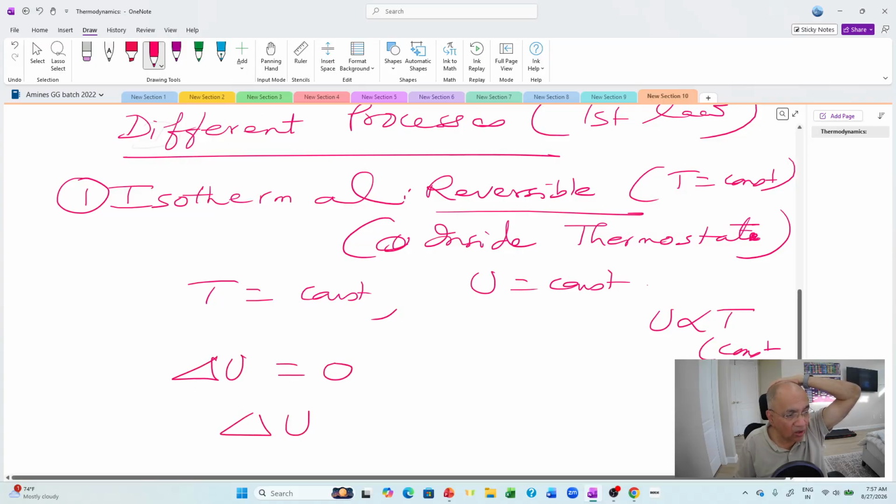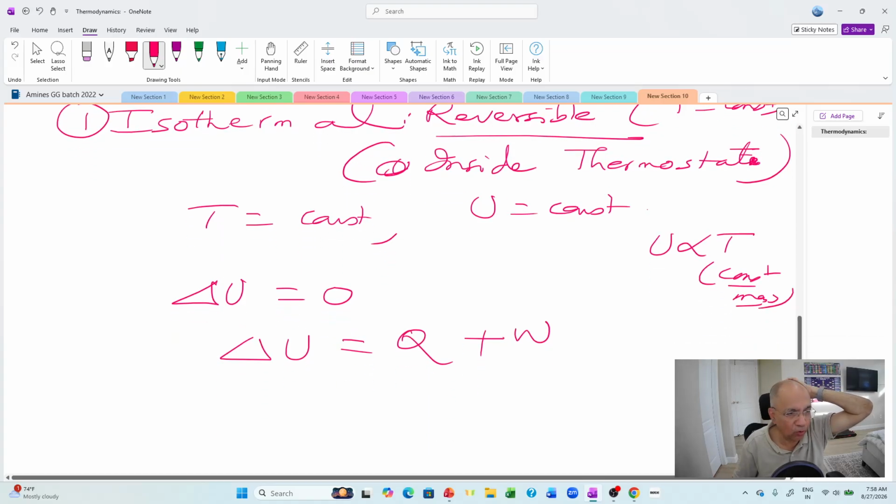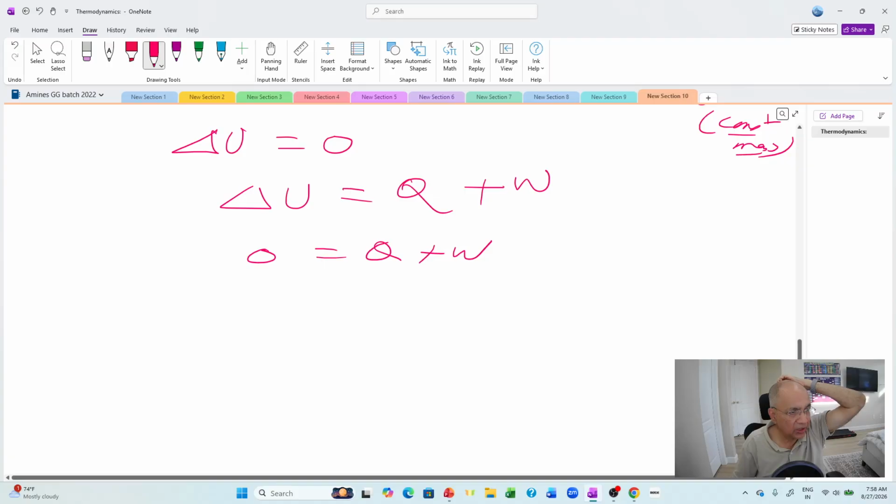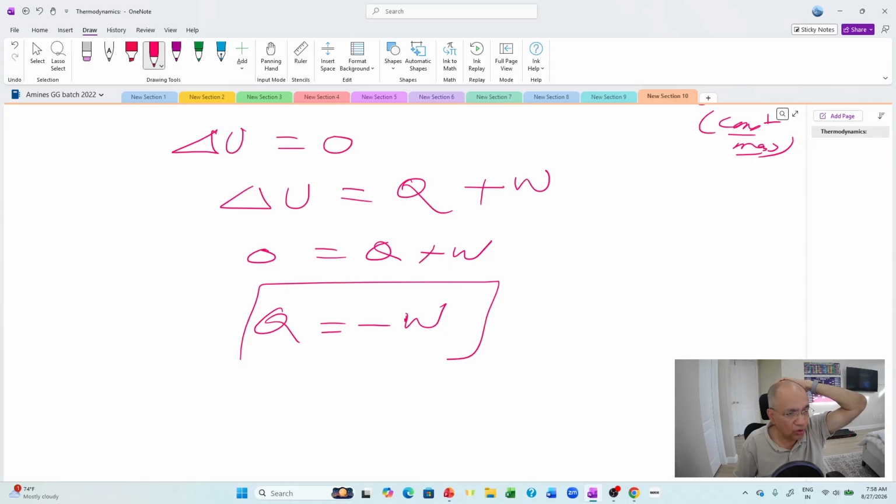So our first law, the bank balance is equal to the dollar plus Indian rupee, that becomes 0 is equal to Q plus W. So here Q is equal to minus W, or W is equal to minus Q. This is the relationship. Whatever heat is absorbed will be turned into work.